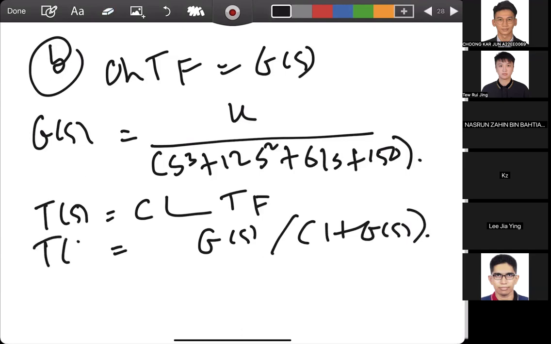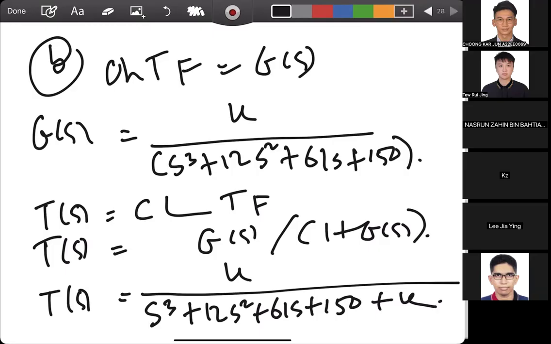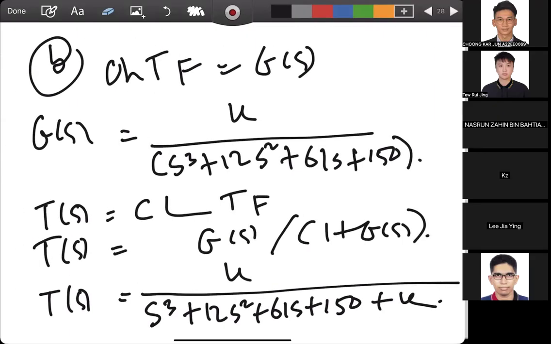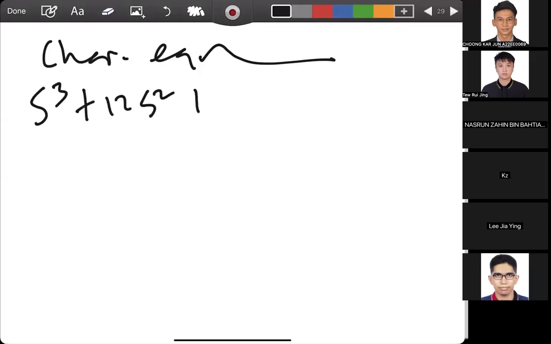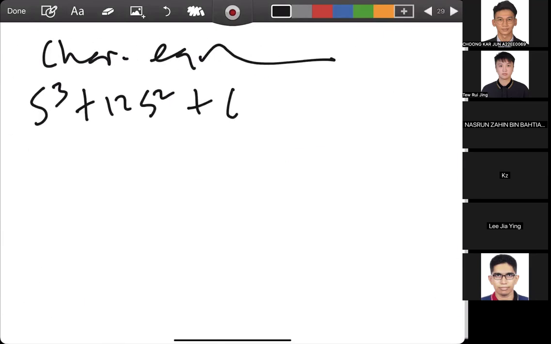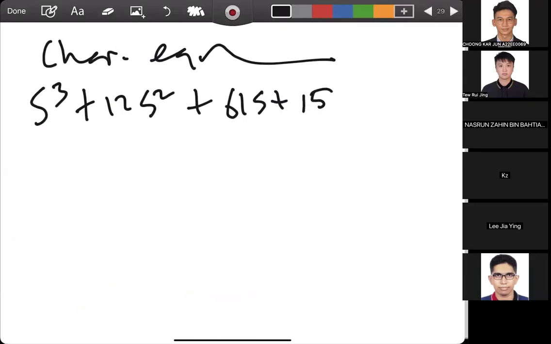Okay. And characteristic equations: S cubic plus 12s square plus 61s plus 150 equal to 0.